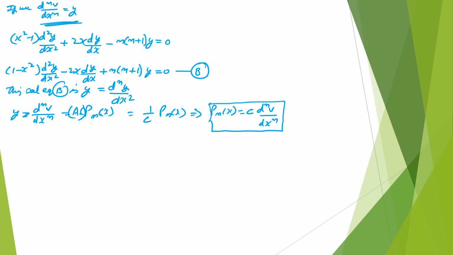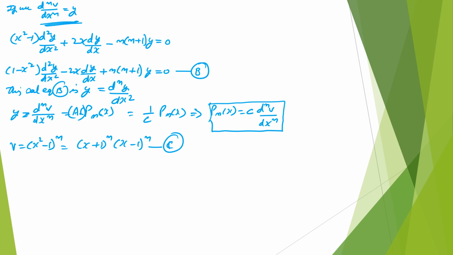Now if we have this, then again we have v is equal to (x square minus 1) to the power n. Now by using the formula a square minus b square, we can split it as (x plus 1) to the power n and (x minus 1) to the power n as v. So this is equation C.